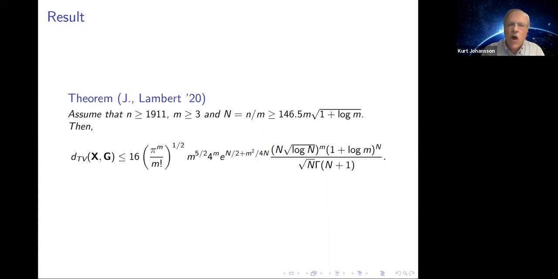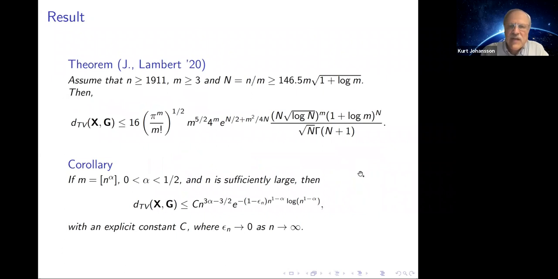It's maybe a little hard to see what this estimate says when m depends on n. To illustrate this a little, we take m to be some power of n. So m is n to the alpha with alpha less than a half, and n sufficiently large. You could make this exact, precise also with this constant. Then you have a bound of this form.